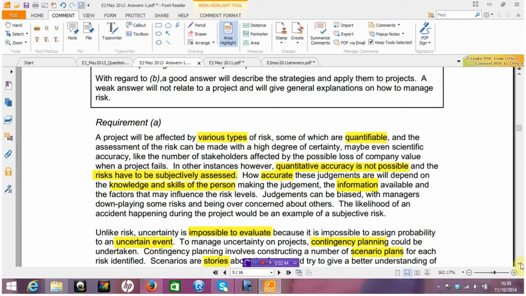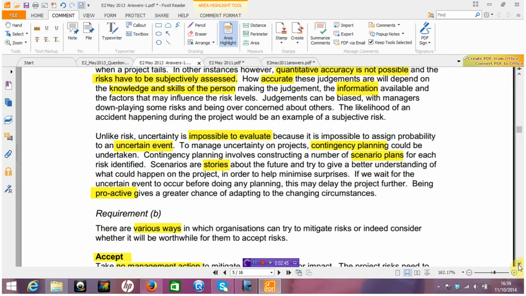Now on the other side of the fence, we have what we would call uncertainty. What we're saying with that is that it's impossible to evaluate in some way, shape or form. We have an uncertain event of some kind, and we can't assess its probability or the likelihood that it will happen. How do we deal with that? We plan in a contingent sense.